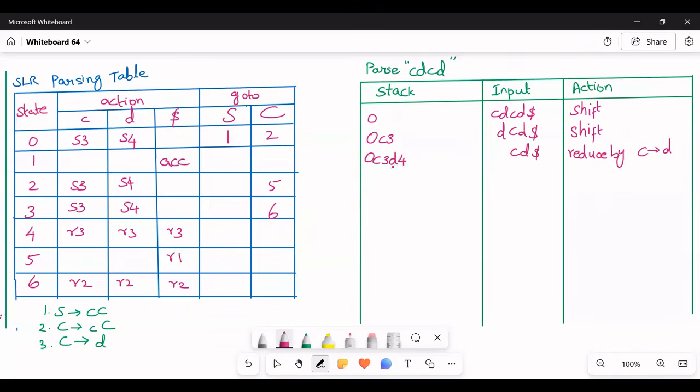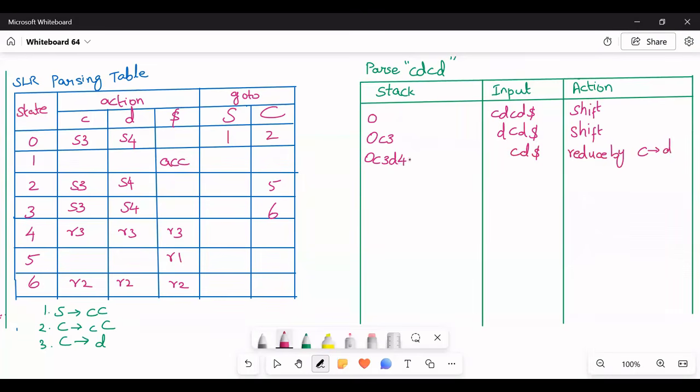This is because whenever we shift input symbols from the input buffer to the stack, we also shift state numbers. So whenever we pop symbols, if we want to pop one symbol, we need to pop two symbols, because the state must also be popped. So first calculate the length of the right hand side, which is 1, then multiply it by 2 to get 2, and pop two symbols from the stack.